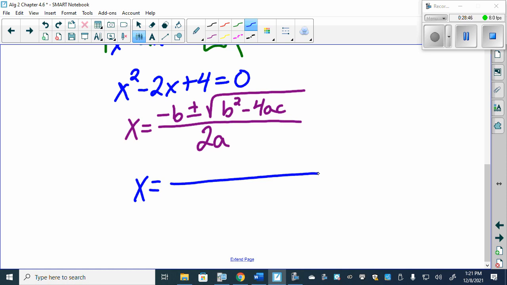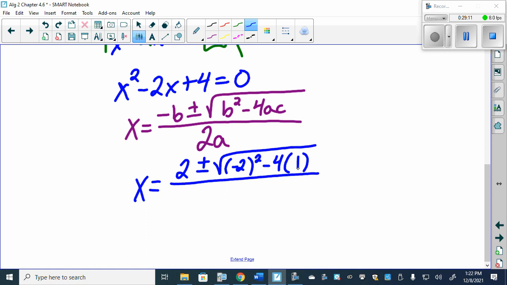So the first thing that we have in the quadratic formula is the negative b. Well, what is the value of b for this equation here? Negative 2. So negative b would be just positive 2. Plus or minus the square root. So b squared would be negative 2 squared minus 4 times a.